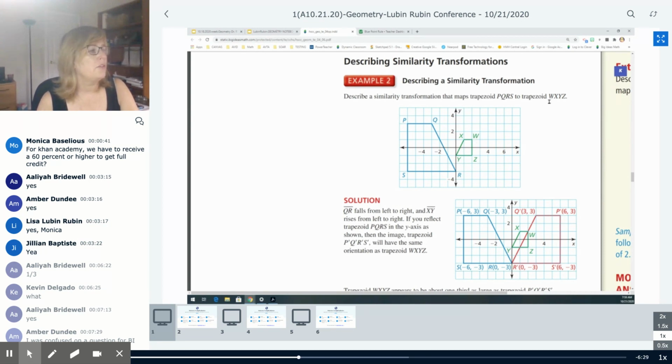If I were to translate P over to this side, P is 6 away from the y-axis. So P would be right here. So P would be 6, 3. So 6, 3 became 2, 1.